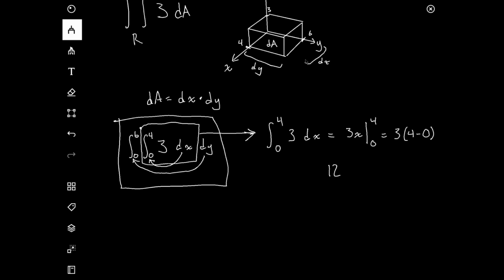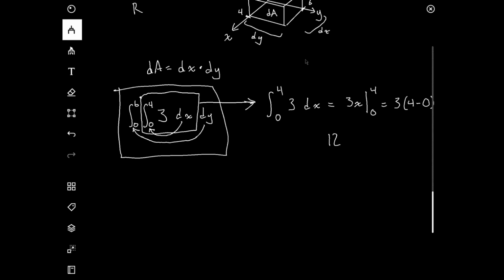Now we want to find the volume, so we need to also extrapolate that across the y direction. So let's plug this back into our second integral here, which goes from 0 to 6, and it's dy.